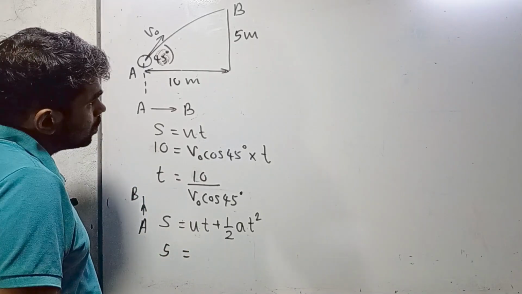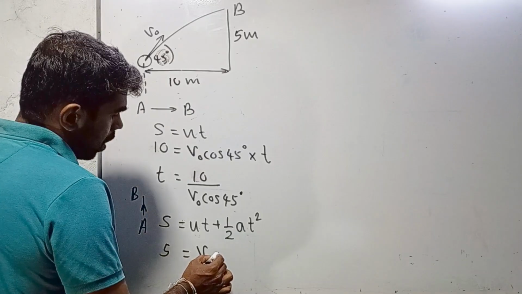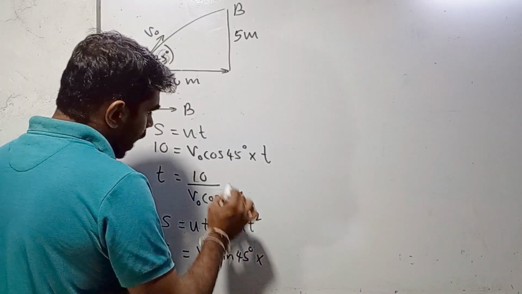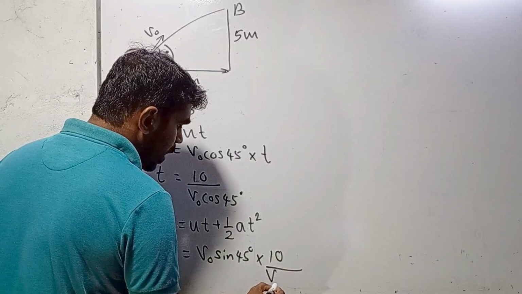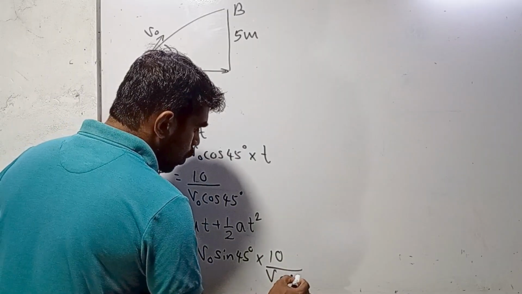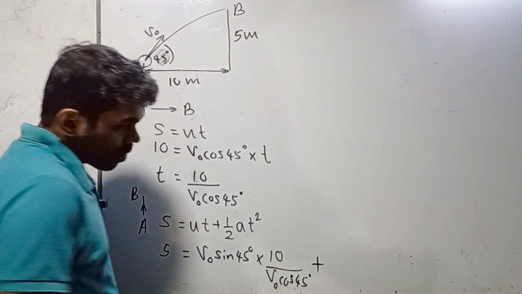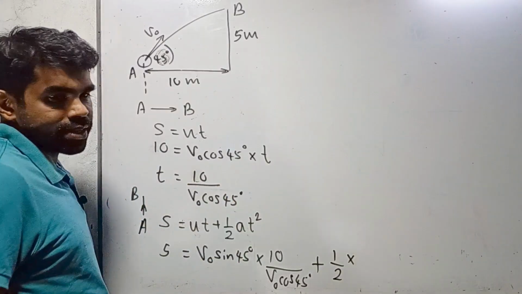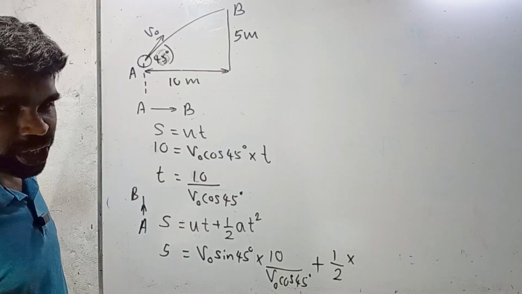The initial vertical velocity is V0 sin 45. Time is 10 divided by V0 cos 45, so we substitute that, plus half into the vertical acceleration, which equals gravitational acceleration.